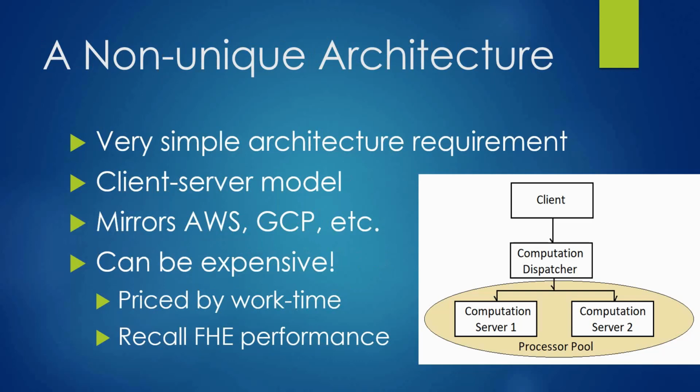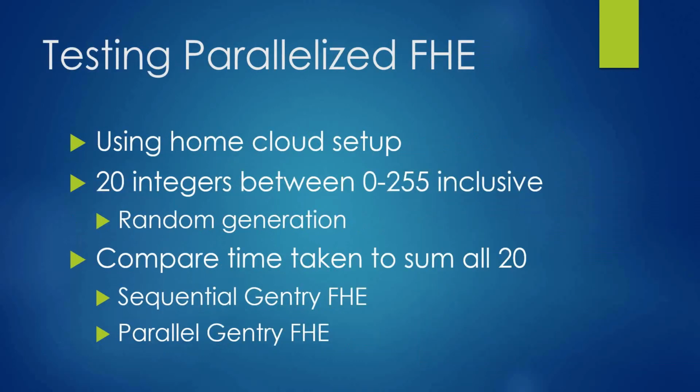They are priced not by how much work is done or how much time, but rather a product of the two. If you do a lot of work or you spend a lot of time, the price goes up. And fully homomorphic encryption, especially Gentry's algorithm, suffers from that quite a bit. Because it takes so long, it's just not practical to use these cloud computing platforms.